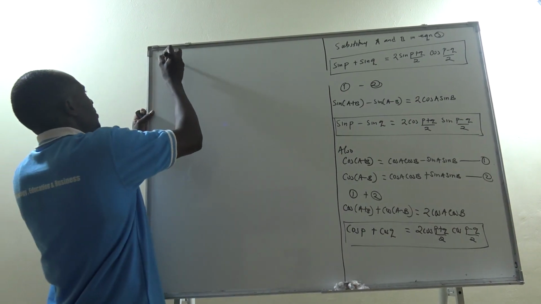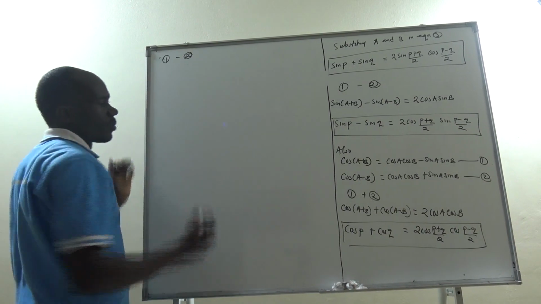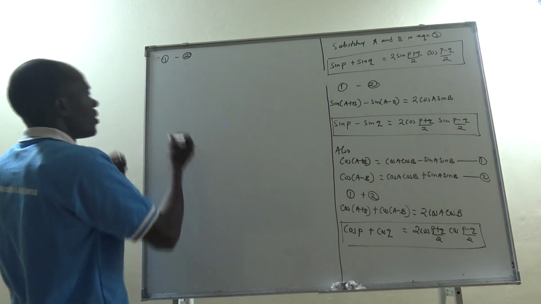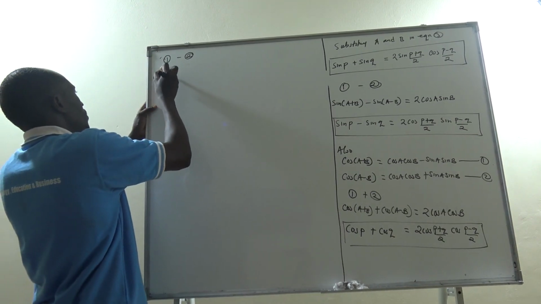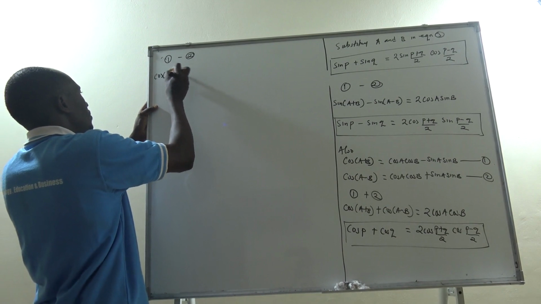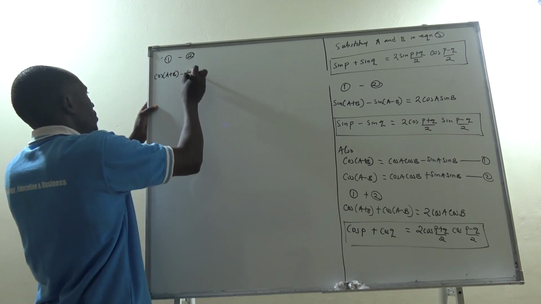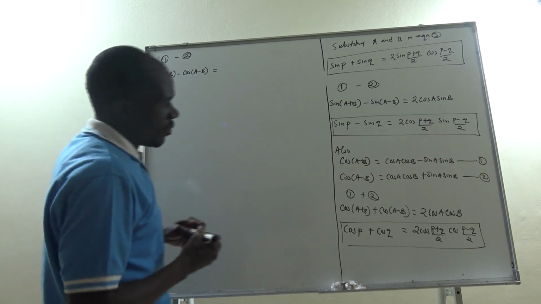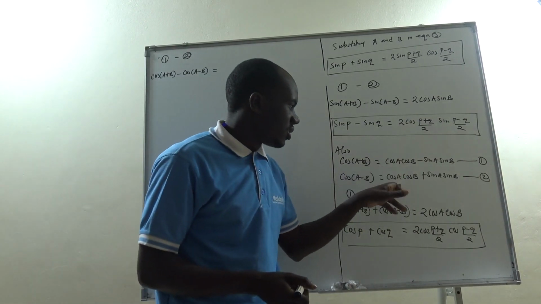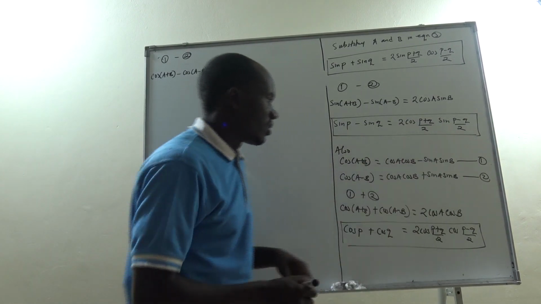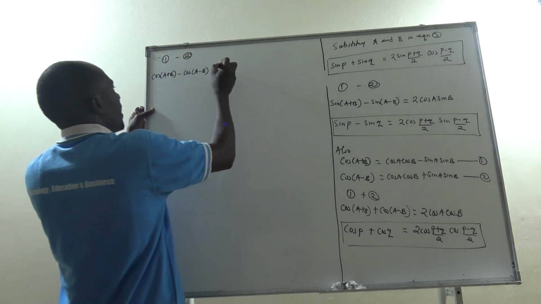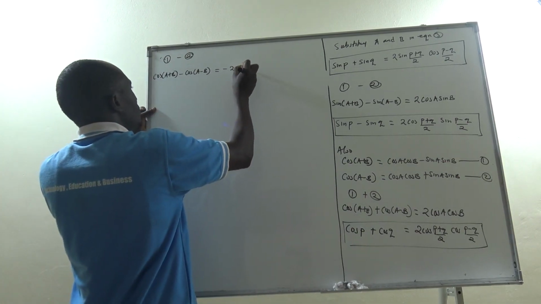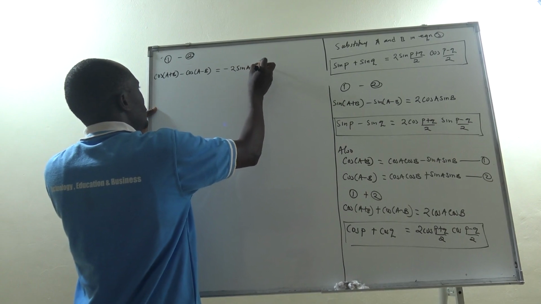Suppose I say 1 minus 2. We are subtracting. We are going to have cos(a + b) minus cos(a - b) equals, when subtracting, the cos terms go, and you are getting negative 2 sin a sin b.